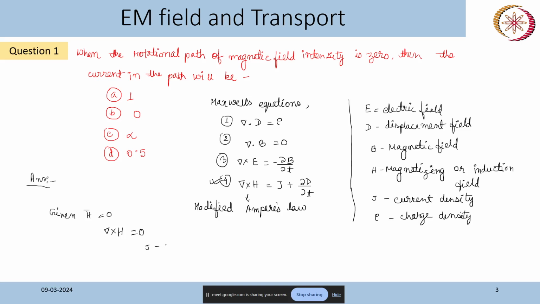So J is also 0 if there is no displacement current. If the current density is 0, then the current is also 0 in the rotational path. So the correct answer is option B, that is 0.